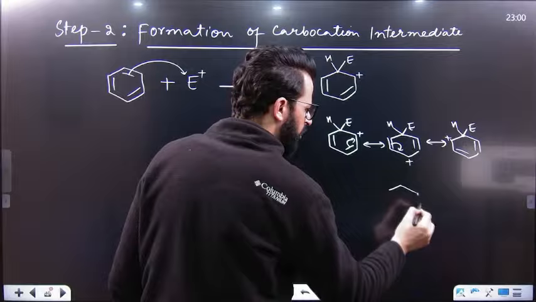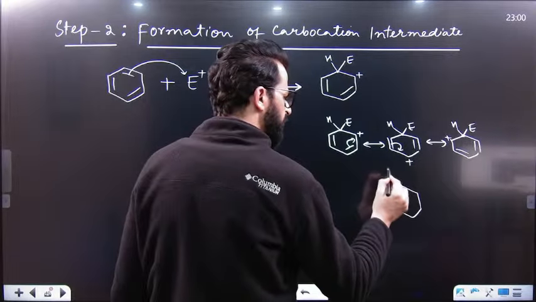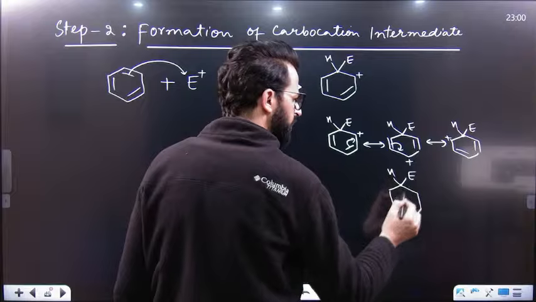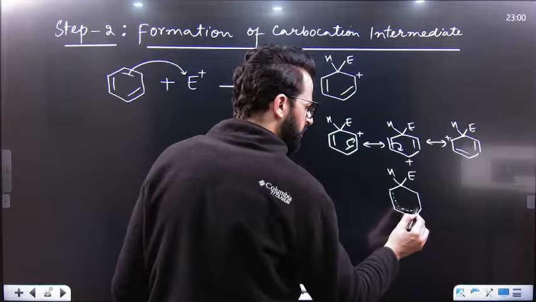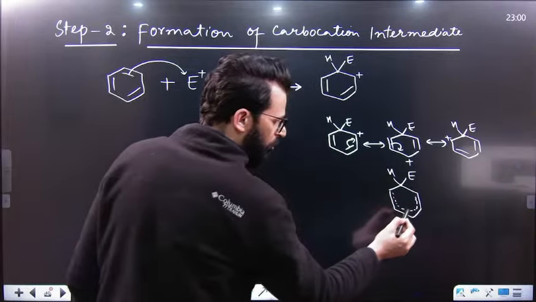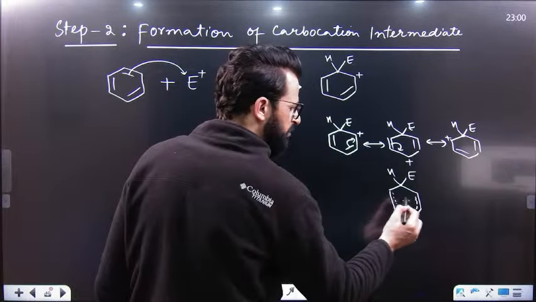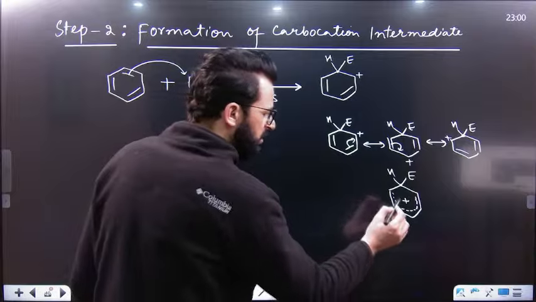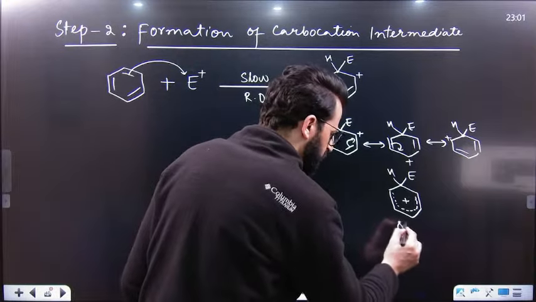Finally, can I form a hybrid like this? The double bond is from this to this, and the positive charge is also from this to this. This is known as the sigma complex.